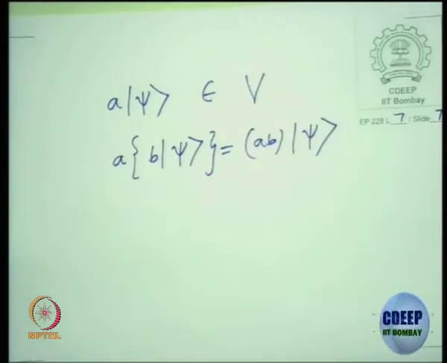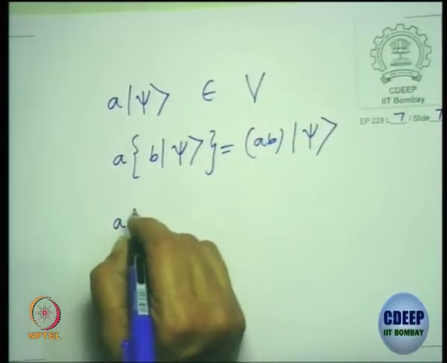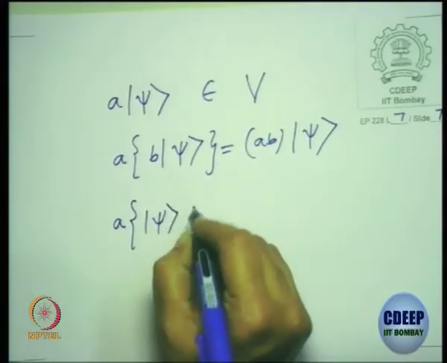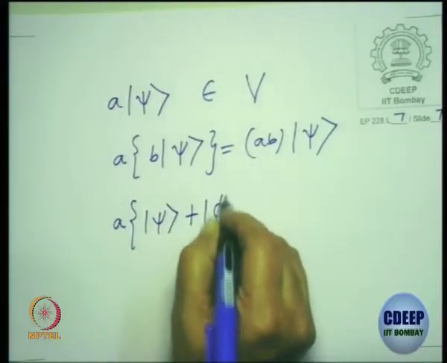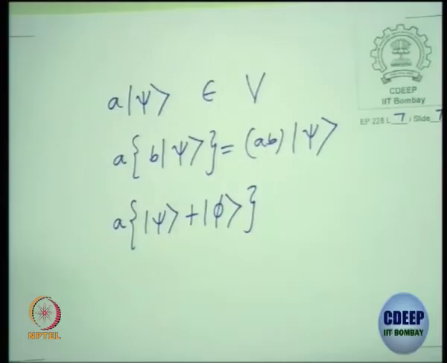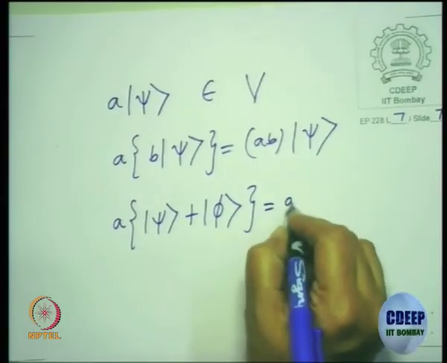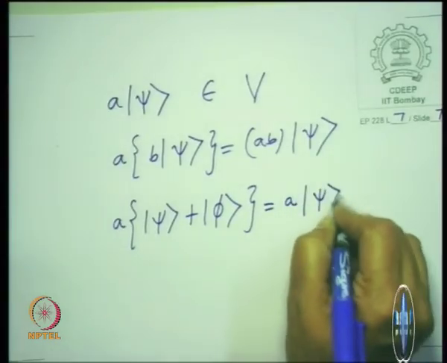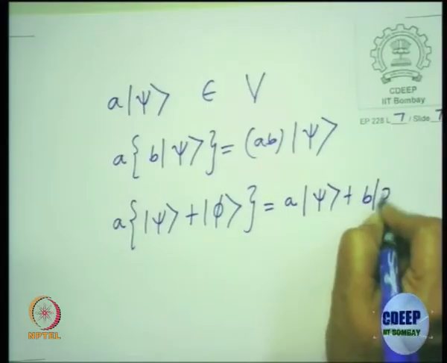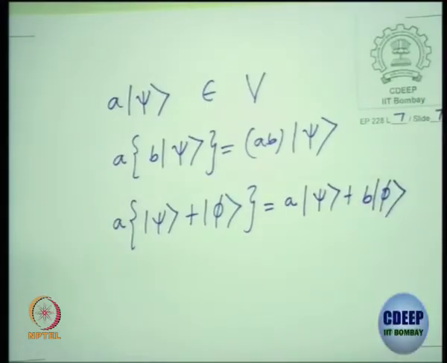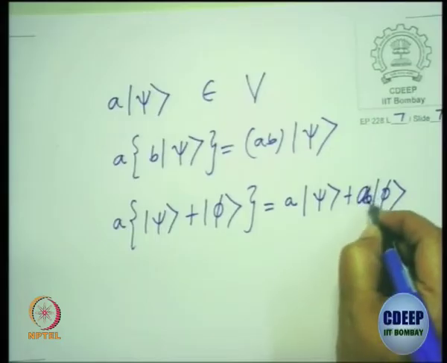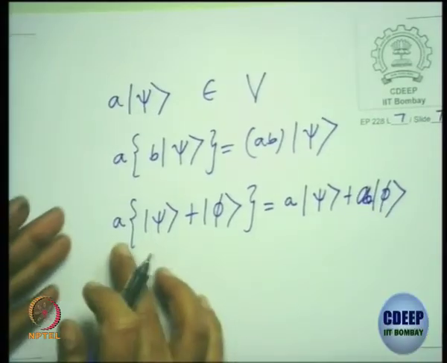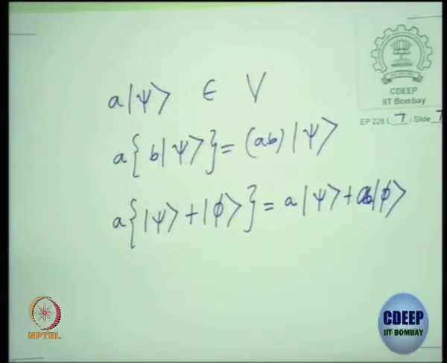This is also true. This also I wrote last time on the R3 vector space. If you have something like this, you can do the distributive, right, something like this, sorry, A on psi plus A on phi. These are things which you do on a vector space, you can do this here also.